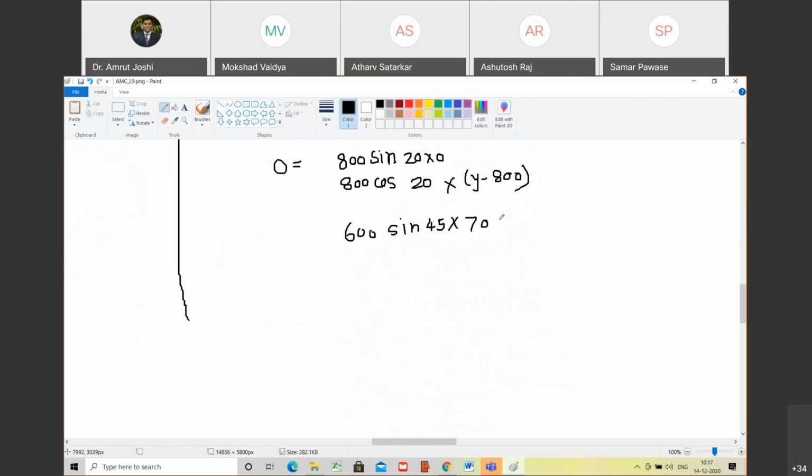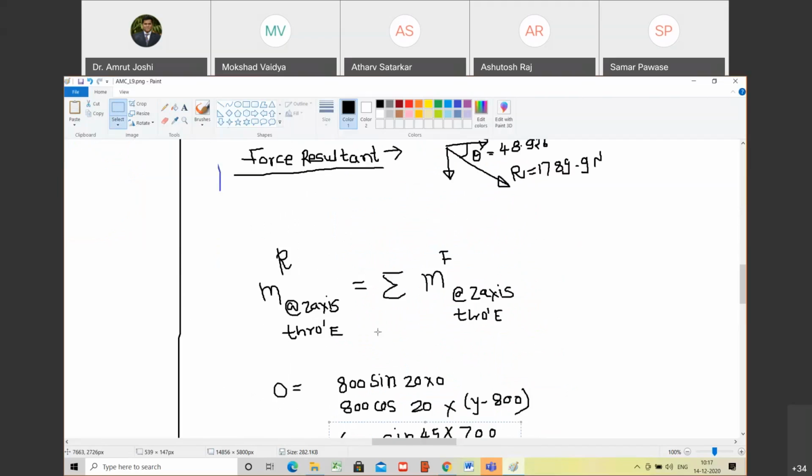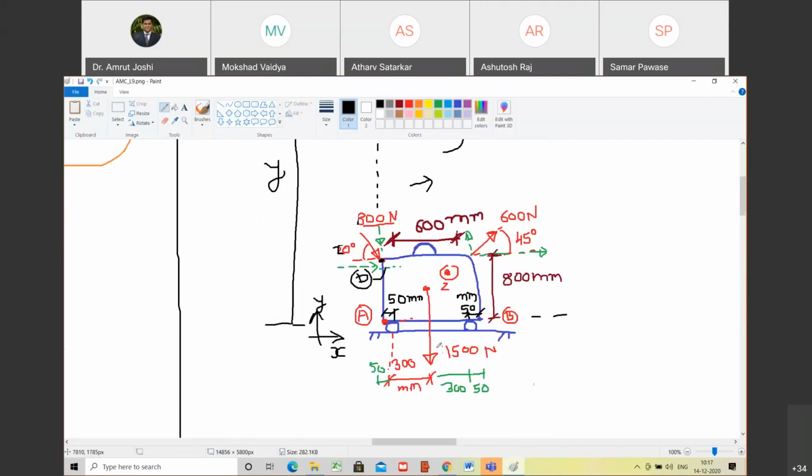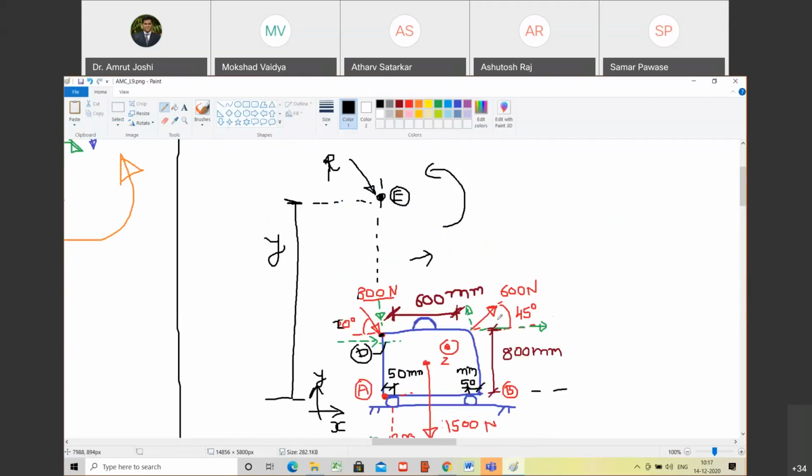Are you with me? Yes, sir. Great. So let us take it up. चलो नेक्स्ट, ये बीच में साइंस कौन कौन से है? राइट नाउ इट इज प्लस प्लस. Now what about horizontal component? 600 cos 45.